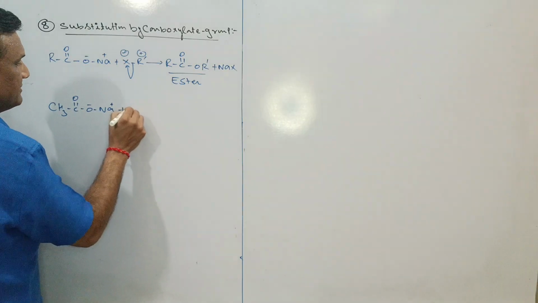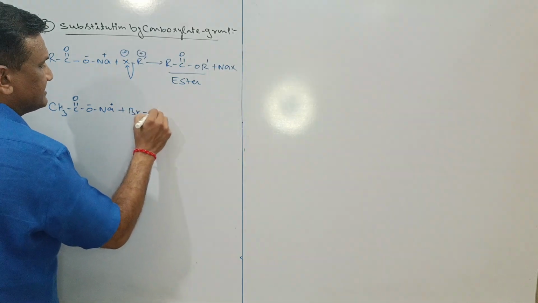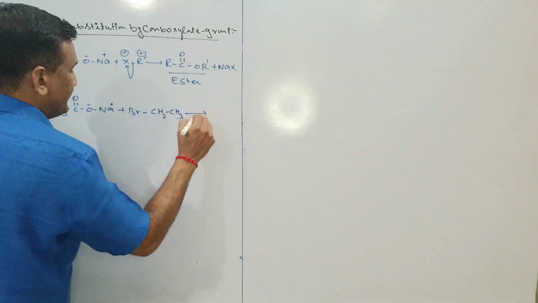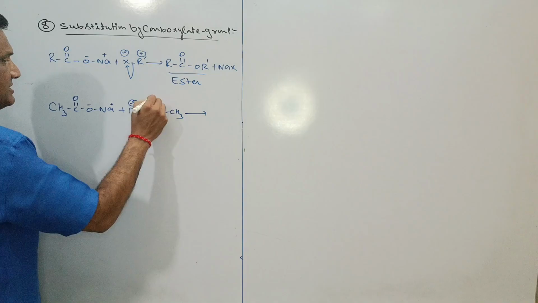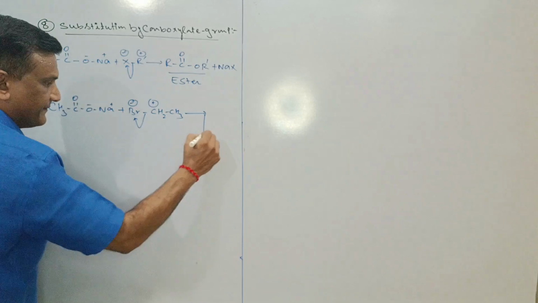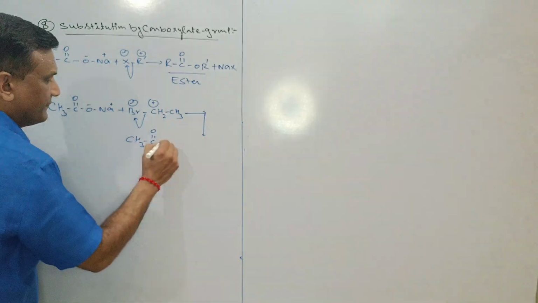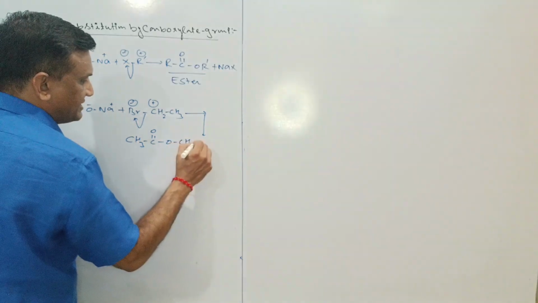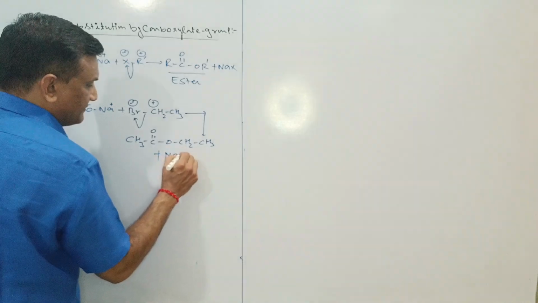Here this is your Br, and this is CH2CH3. Then here will be removal of Br minus and plus. So here will be formation of CH3COOCH2CH3, and this is your NaBr.